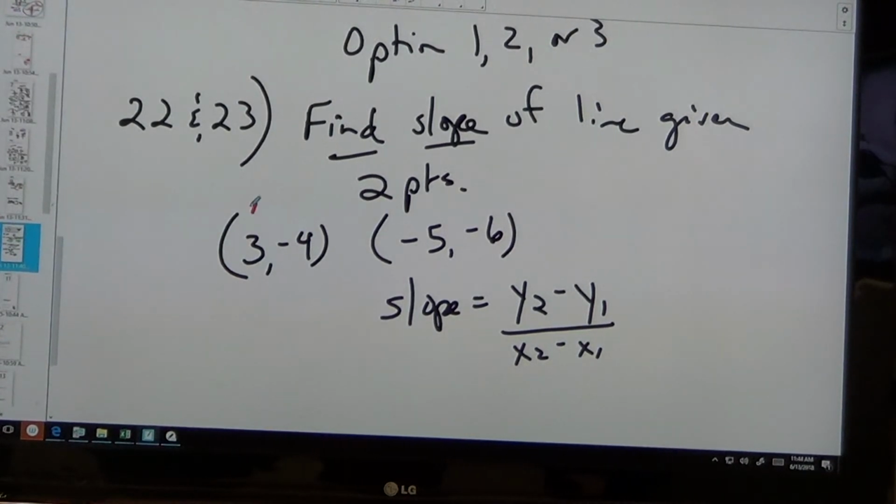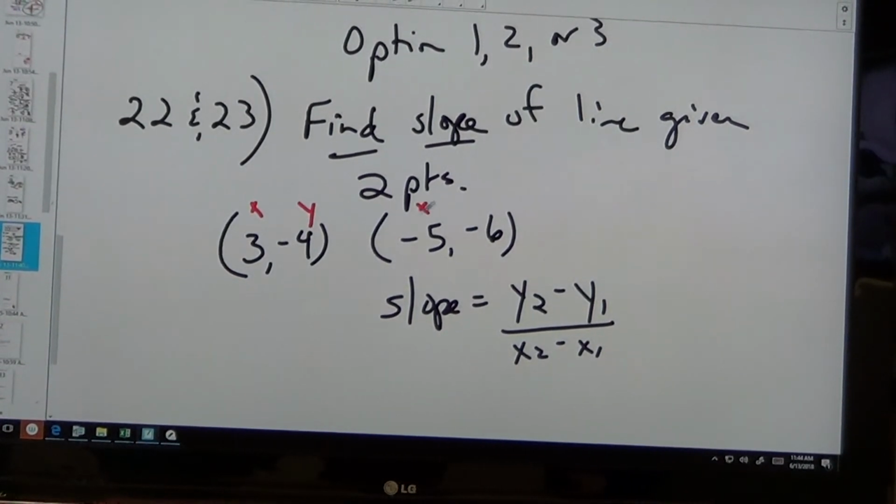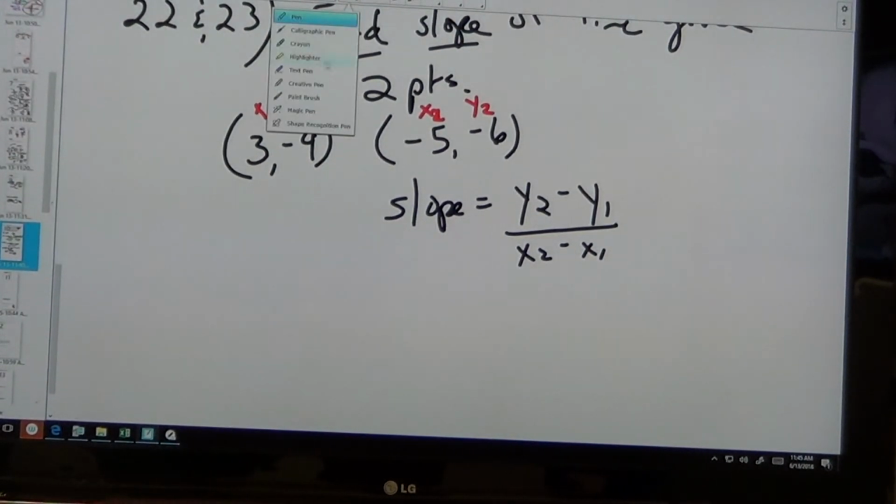Now, this is your x and your y, and this is your x and your y. Remember, those are in alphabetical order. This is your x from the first point, this is your y from the first point. This is your x from the second point, this is your y from the second point. And you're just going to plug them in. So, we are plugging in y2 and y1, x2 and x1.